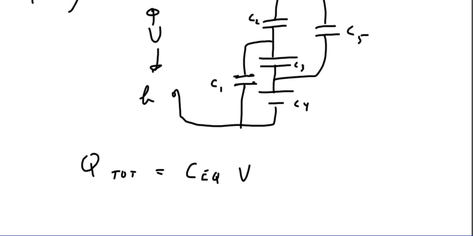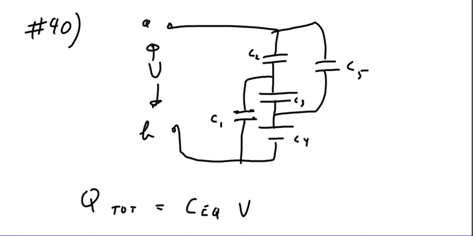Okay, and then I look at the picture and I say, well, that voltage has to be the voltage across C2 and C1. That voltage has to be the voltage across C5 and 4. That voltage has to be 2, 3, and 4.